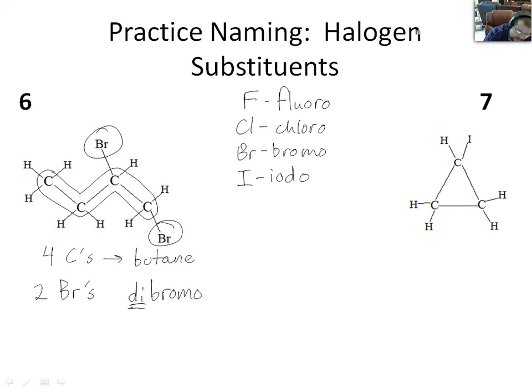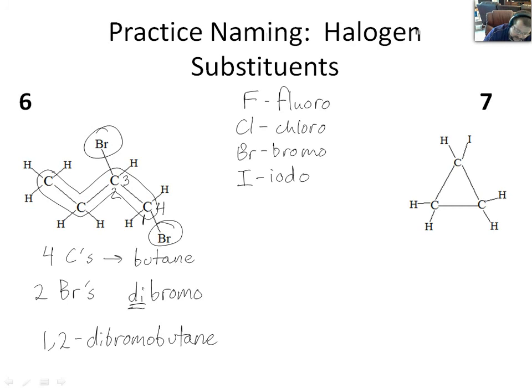And if we number left to right, I'd get 3, 4 for my positions for my bromos. If I number from right to left, I would get 1, 2. So we're going to go with 1, 2-dibromobutane.